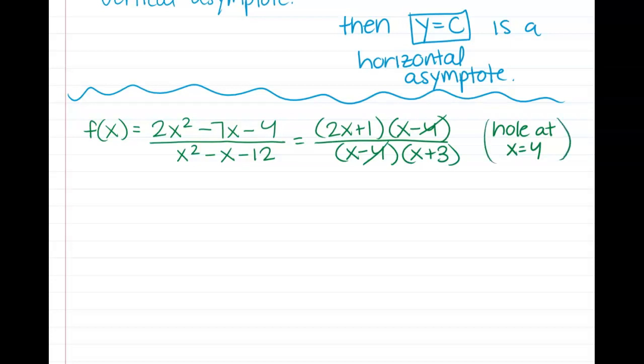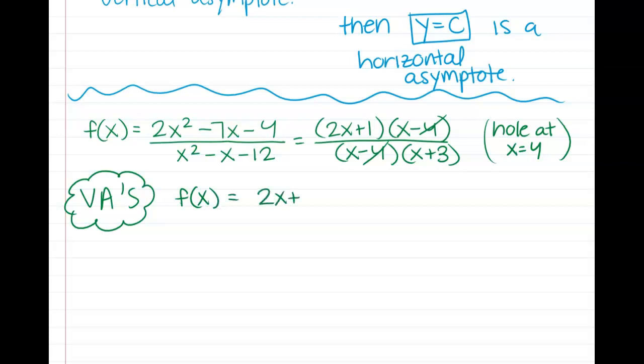I'm going to put it in parentheses because we don't really care that there's a hole, but it does affect our answers. So now, to find vertical asymptotes, which you've done, we'll take our simplified function, which was f of x equals 2x plus 1 over x plus 3, once we canceled out the holes.